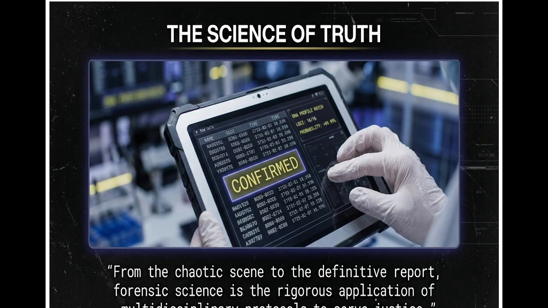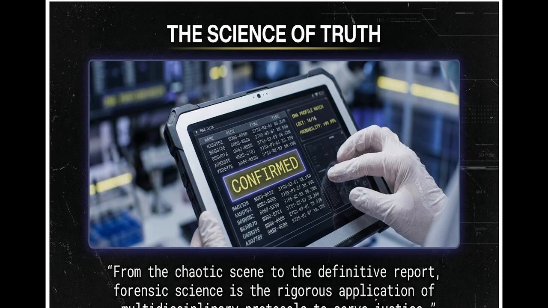What does that mean? It means in a crime scene, somebody's been killed, raped, hurt, whatever has happened, it's a chaotic scene. Nobody knows what's going on. From that chaotic situation, we create structure. We create a definite report. We have a definite answer. We know who has been there. We know why this was done.